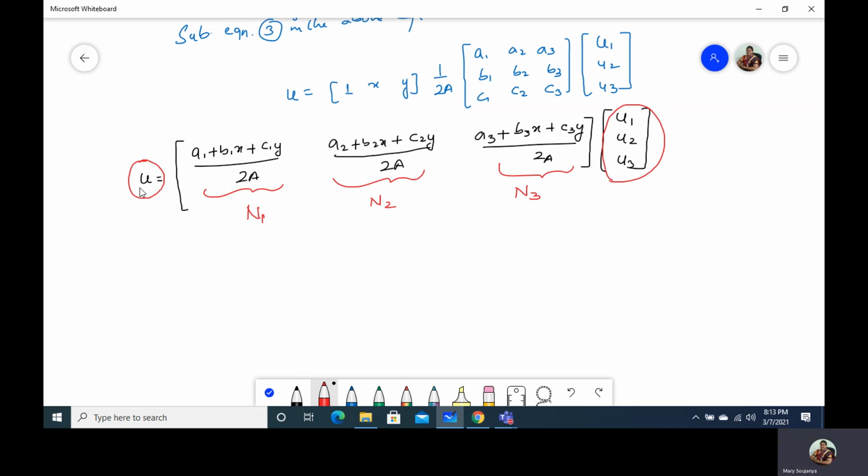The relation between u and ui is given with respect to N1, N2 and N3. So these are the shape functions of the CST element. So this can be written as u equal to N matrix into delta E matrix. Similarly, it is taken for v also into delta E matrix.